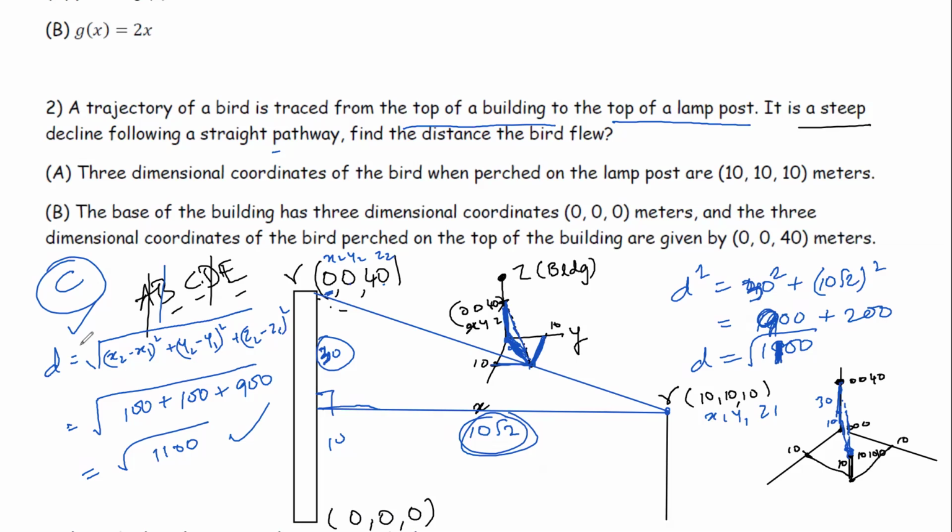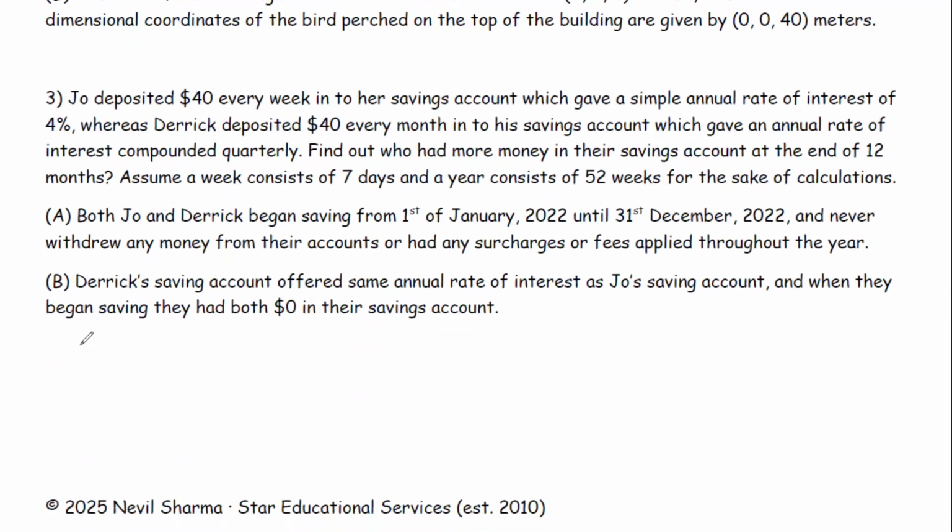Third one. Joe deposited 40 every week to a savings account, which gave a simple annual rate of interest of 4%, whereas Derek deposited 40 every month into his savings account, which gave an annual rate of interest compounded quarterly. Find out who had more money in their savings account at the end of 12 months.